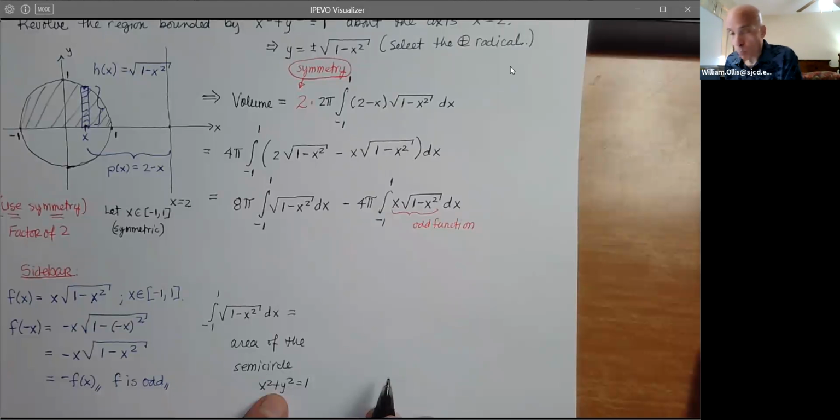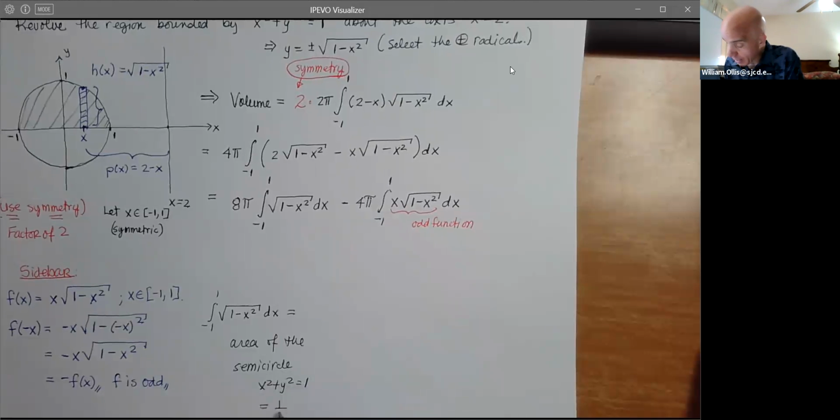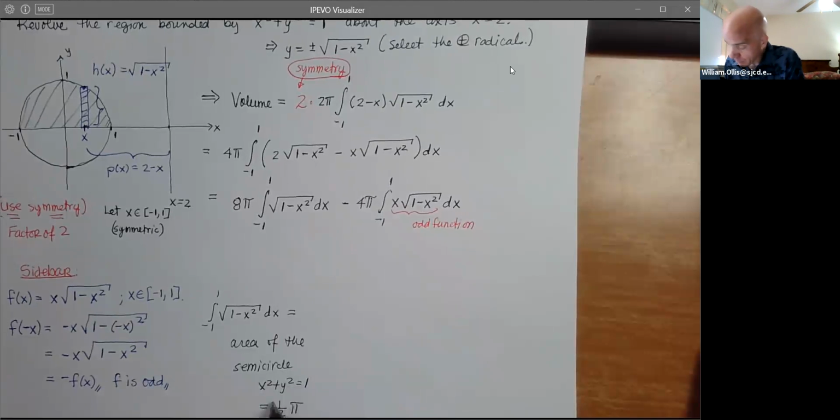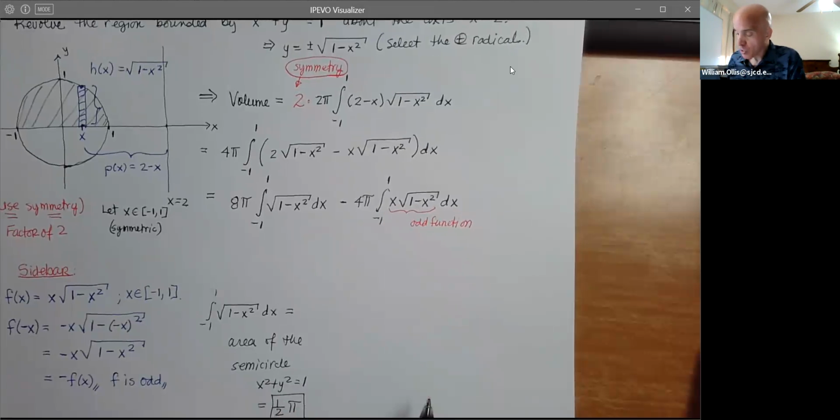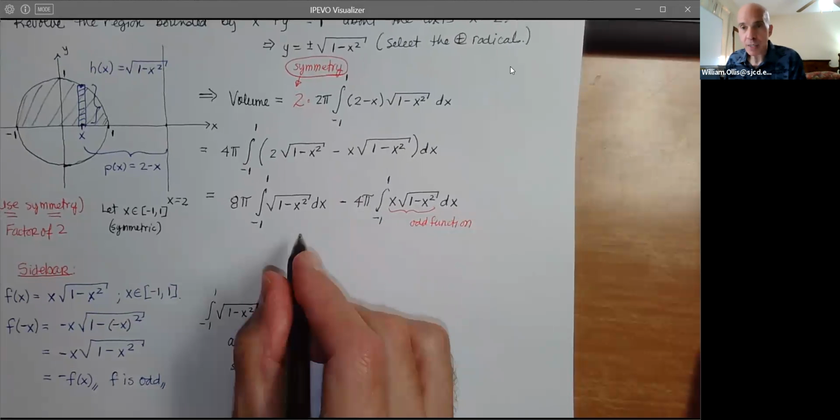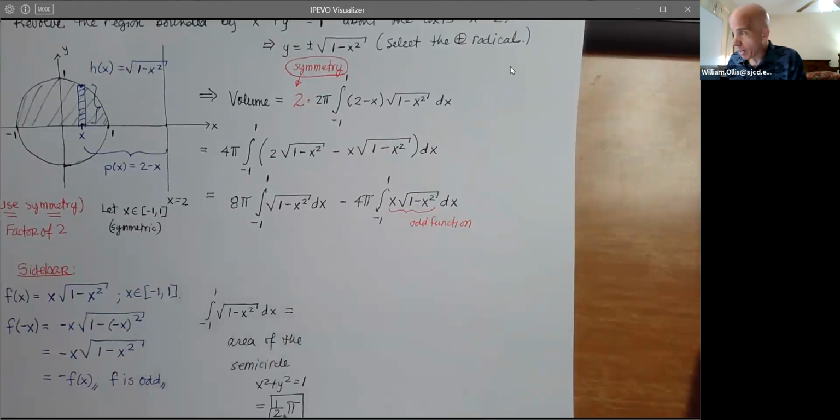And what's the area of the unit circle? It's pi, so this is 1/2 pi. So you don't have to do this problem anyway but this.